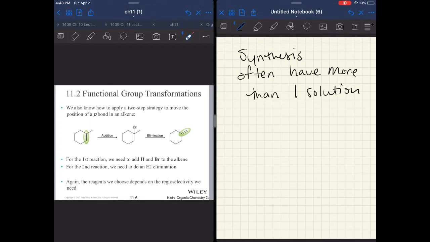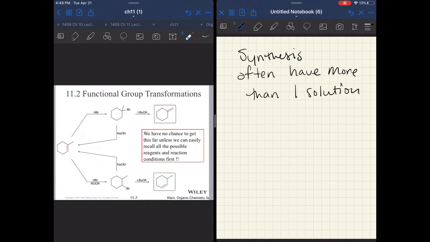I mentioned this a second ago. We can move alkenes around with addition and elimination reactions. We still have to pay attention to regiochemistry, right? If I want to move this double bond out of the ring, well, then I need the bromine to add to the more substituted side, and I need a Hoffman elimination.